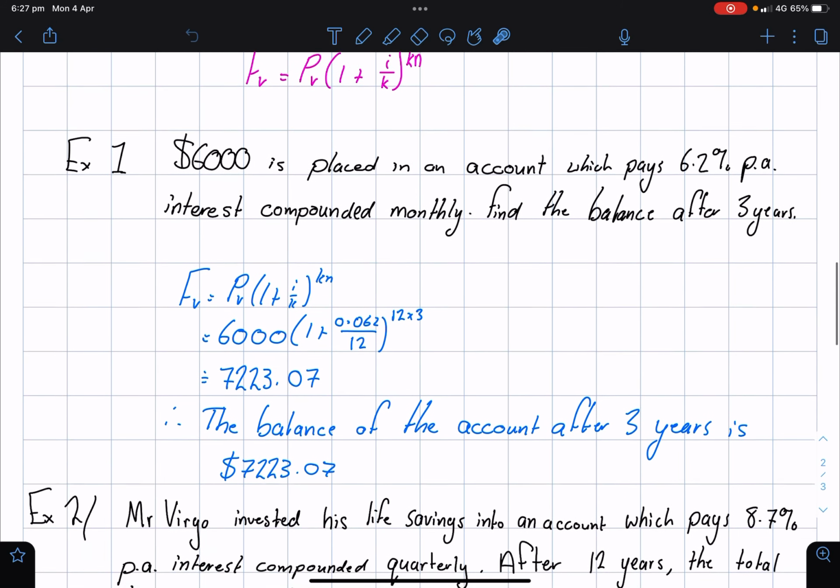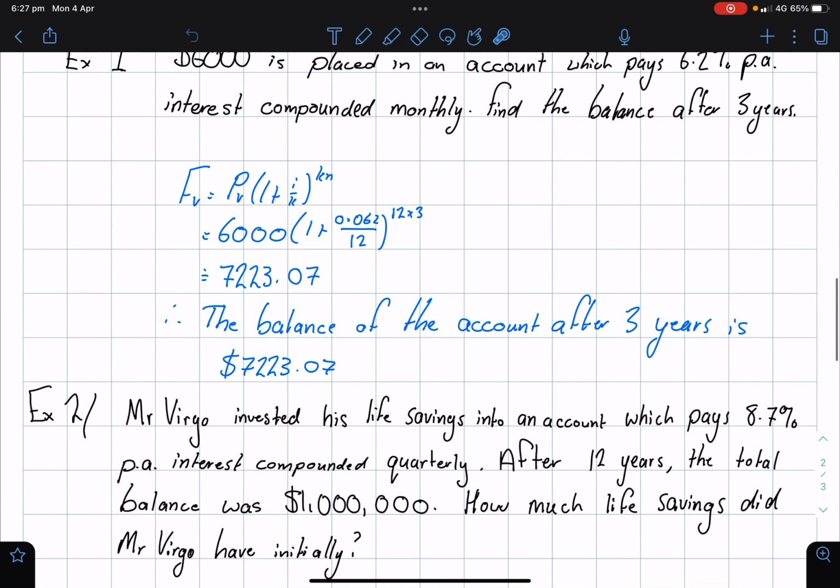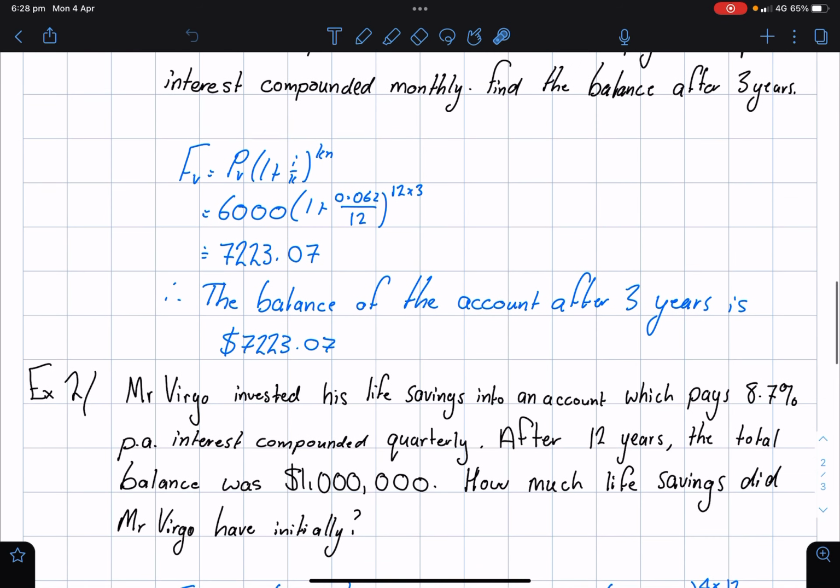So I'm going to go through one of those examples. So myself, Mr. Virgo, invested his life savings into an account which pays 8.7% per annum interest compounded quarterly. All right, so there's our key here. After 12 years, the total balance was $1 million. How much life savings did I have initially?